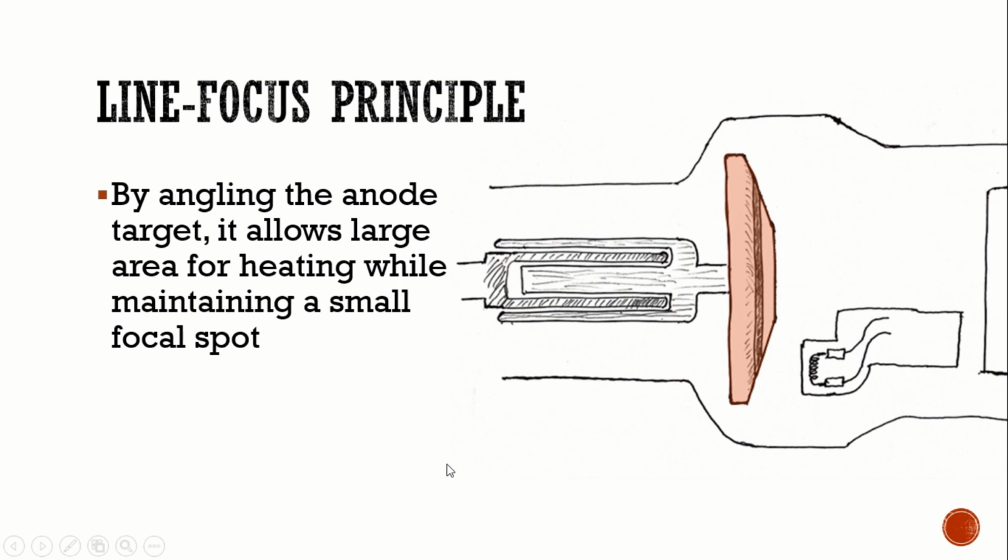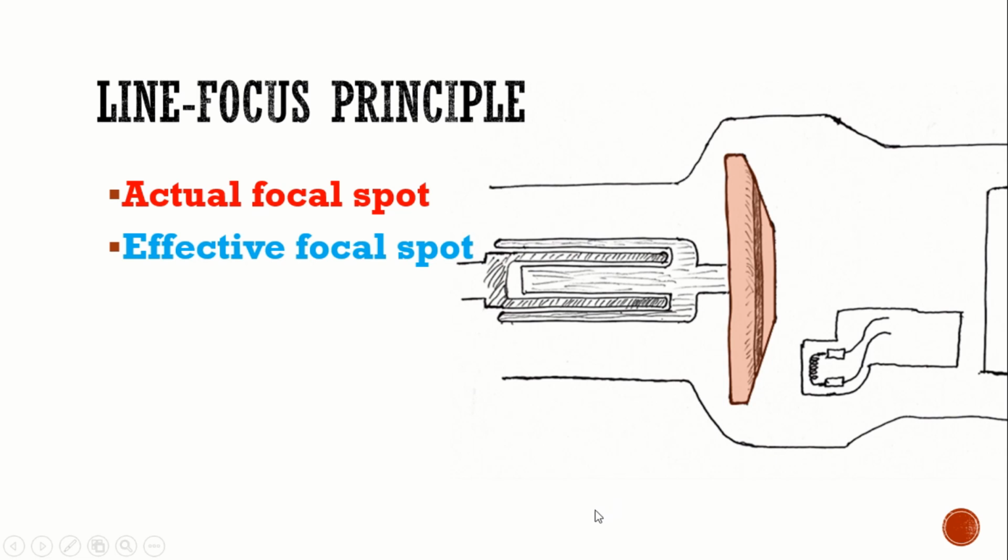So that is your line focus principle. Take note that this is your vertical line and that is the anode angle. Your line focus principle has an actual focal spot and effective focal spot.